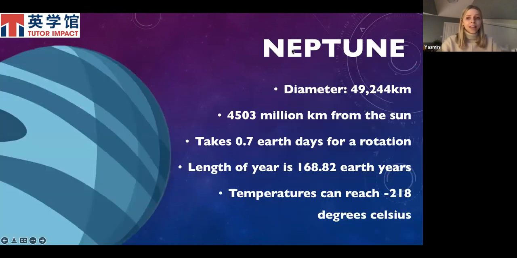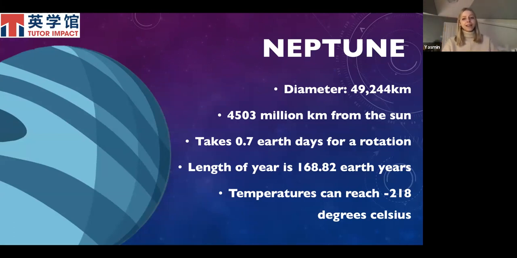And the last planet to discuss is Neptune. So that's the last one in our phrase that represents the word numbers. So Neptune, again, similar size to Uranus, 49,000. Again, even further away from the sun. And again, similarly to Uranus, it takes around 0.7 Earth days for our rotation.